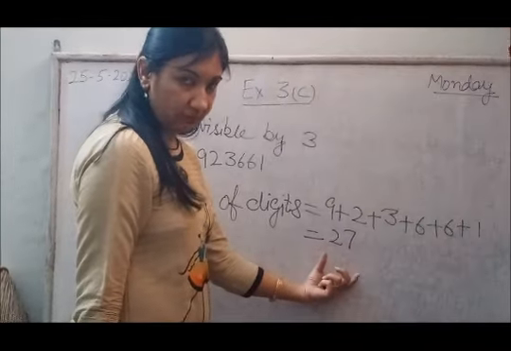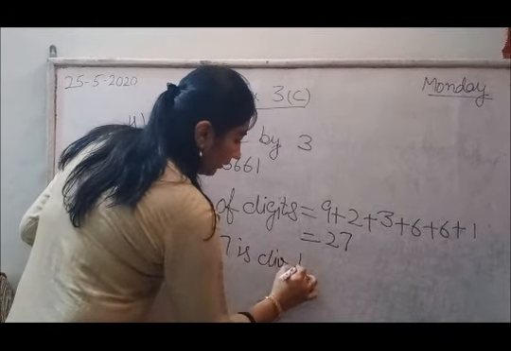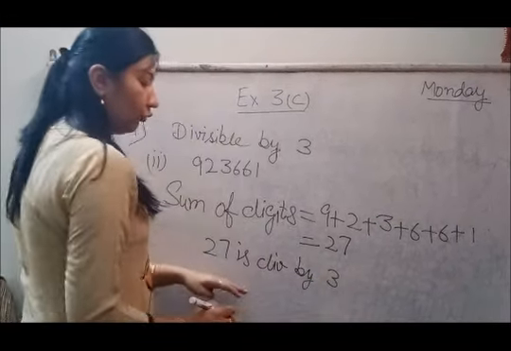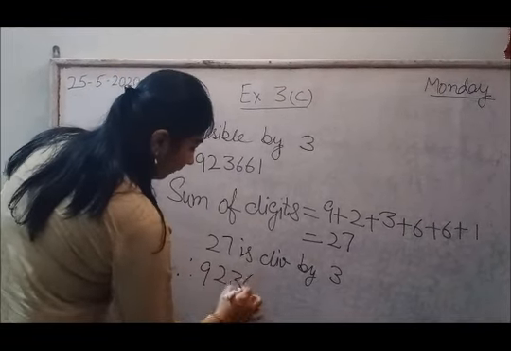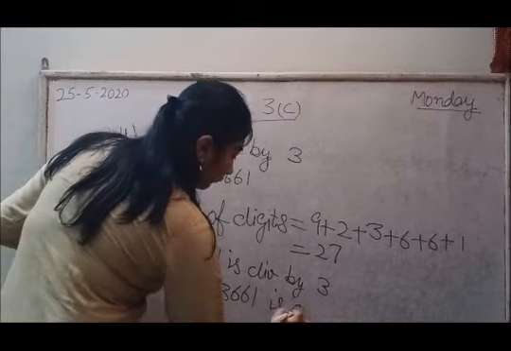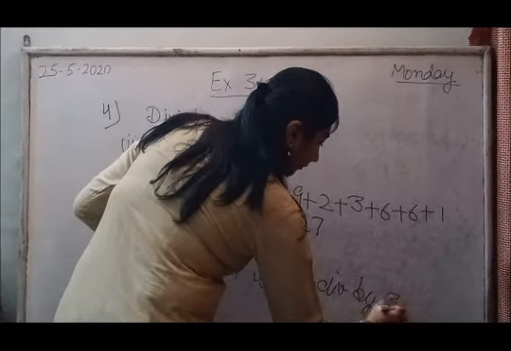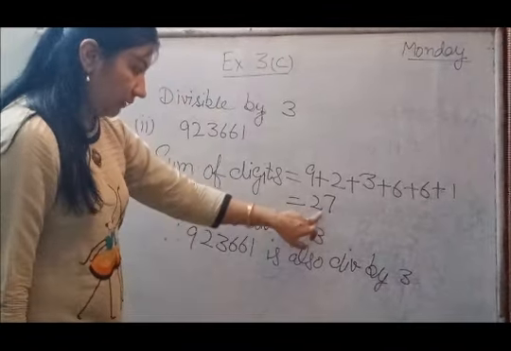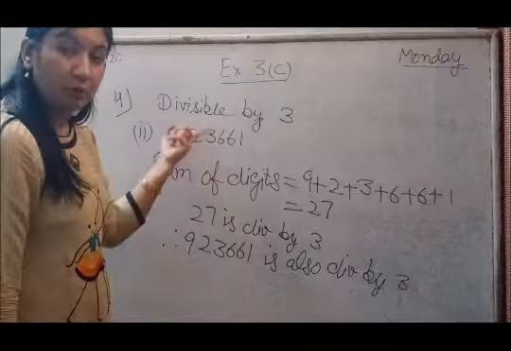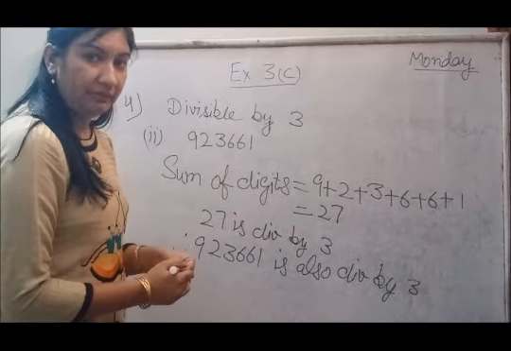Now 27 is divisible by 3. We will write 27 is divisible by 3. So therefore the given number 923,661 is also divisible by 3. It means you will find the sum of digits. If the sum of digits is divisible by 3, then the given number will also be divisible by 3.